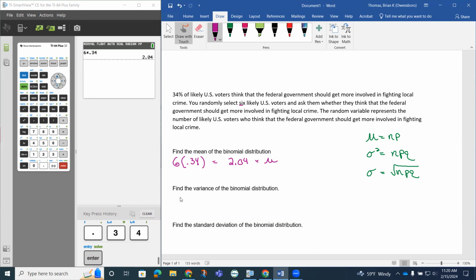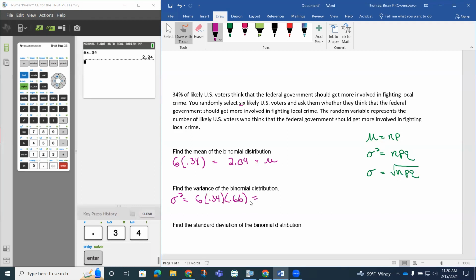Then to find the variance, the variance is sigma squared. What you do is multiply the number of trials times the probability of success of each trial times the probability of failure of each trial. So sigma squared is the number of trials, which we said was 6, times 0.34, the probability of success, times 100 minus 34, if you will, so 0.66, which is the probability of a failure.